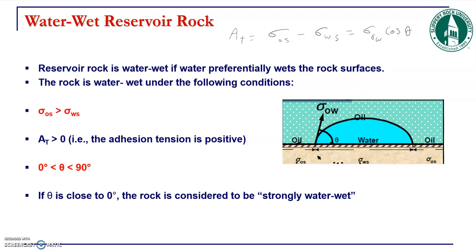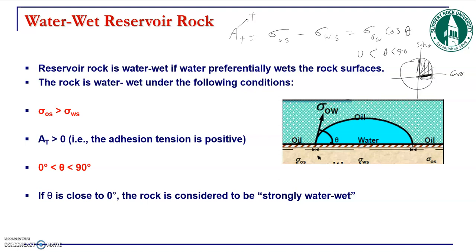So if your contact angle is between 0 and 90, what is the cosine value? Remember the trigonometric circle. If your contact angle is somewhere between 0 and 90, then the cosine theta is going to be positive. This is the cosine theta, this is the sine theta. So your cosine value is always positive between 0 and 90, therefore your adhesion tension becomes positive.